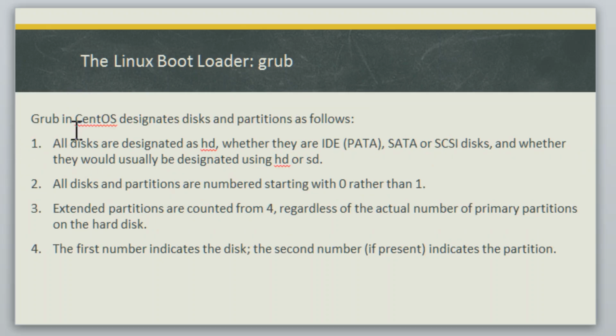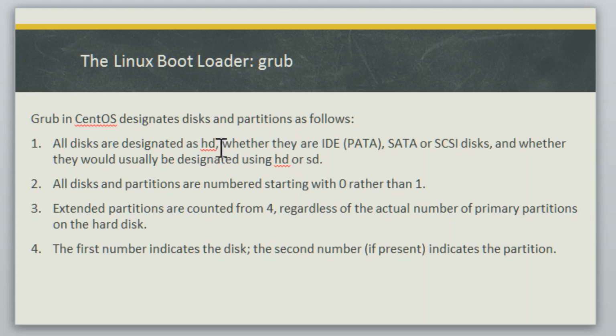So GRUB in CentOS designates disks and partitions as follows. First, all disks are designated as HD, whether they are an IDE, PATA, SATA, or a SCSI disk. You'll hear people call that "scuzzy", guys. Okay, and whether they would usually be designated using HD or SD. So normally, all hard disks are going to be designated as HD on the machine.